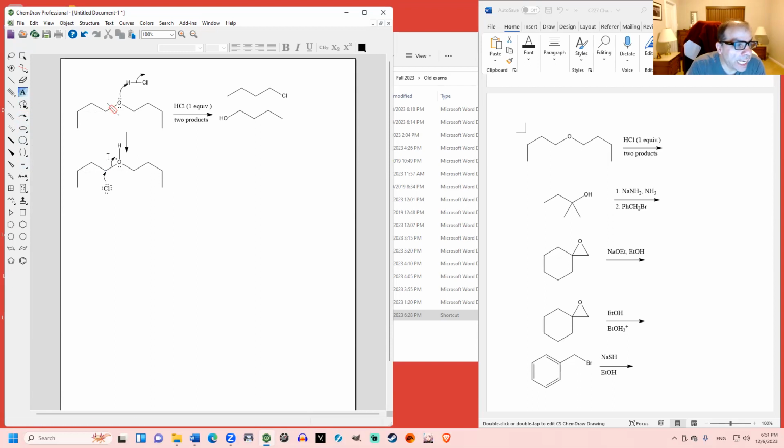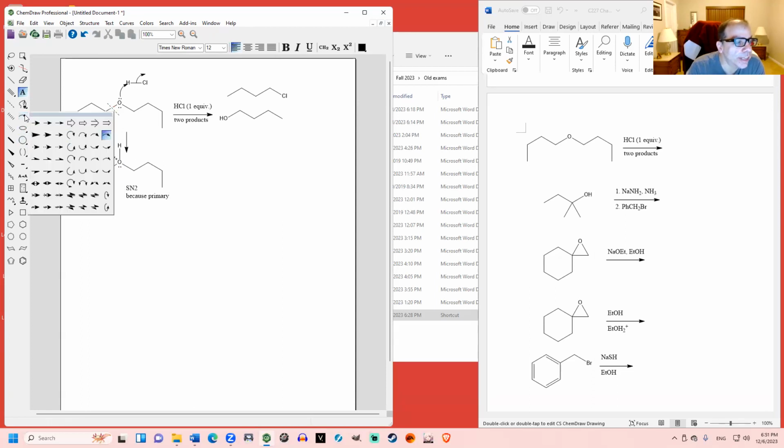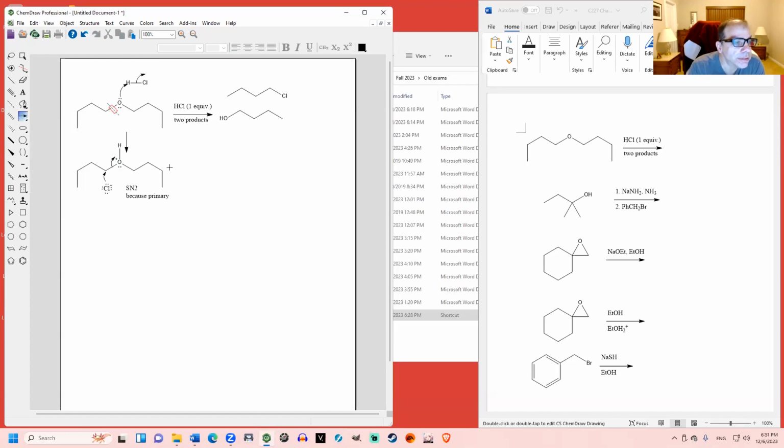This is an SN2 reaction because it's primary. The group is primary. And as you can see, it doesn't matter which side we attack on. The ether is symmetrical. And that gets you to those two compounds. Over here, you get one chlorobutane, and over here, you get one butanol.